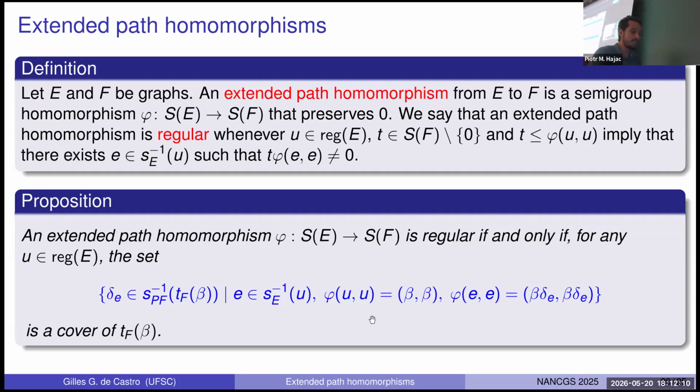I guess there is another way of looking at it, which is that the set of beta delta_E is a cover for beta, or if you just remove beta, then having the delta_E as being a cover for the target of beta. And the good thing about this is that when you look at the lemma that I've written before, that whenever you have a cover, you have this CK2 relation in a way.